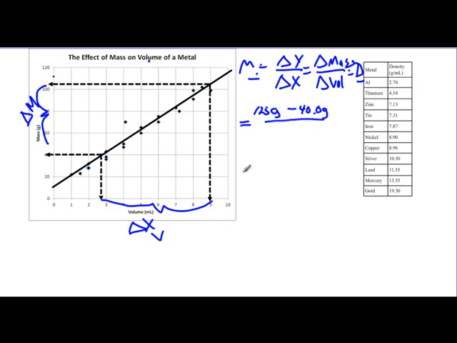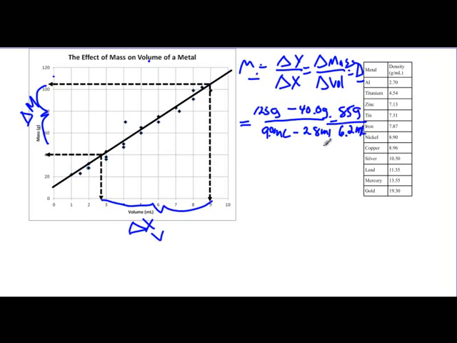Over my change in volume. This is 9 milliliters. 9.0 milliliters, right? I can estimate in between here. 9.0 milliliters, and this is going to be about let's say 2.8 milliliters. Okay, and then I can divide those, and I have 125 minus 40 gives me 85 grams over 9 minus 2.8 gives me 6.2 milliliters.